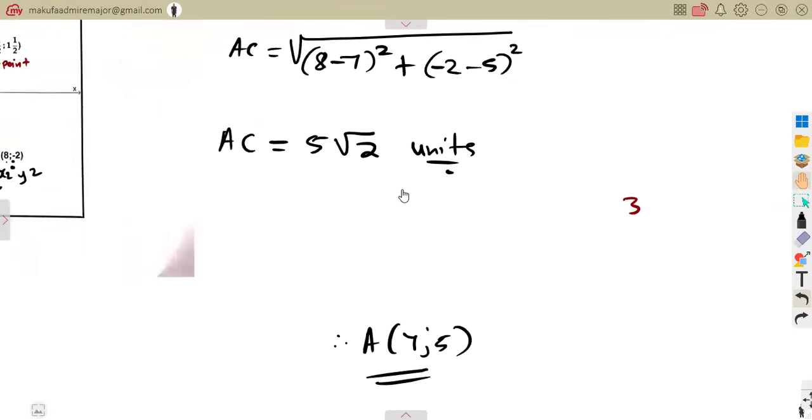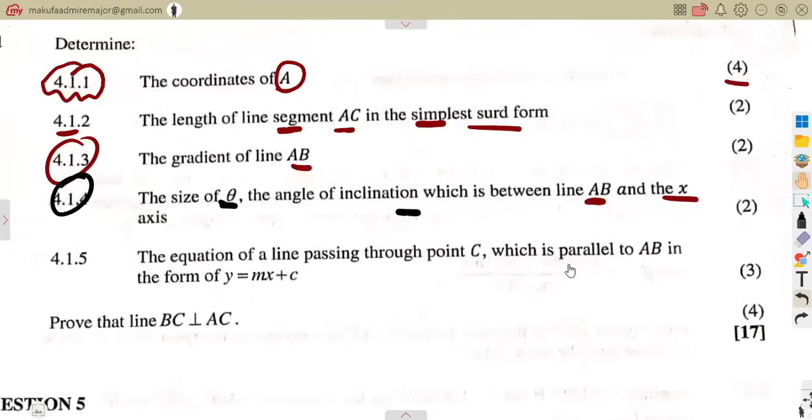This one was just from the gradient that you calculated before. Then another question: the equation of the line passing through the point C, which is parallel to AB. So there are two things here.